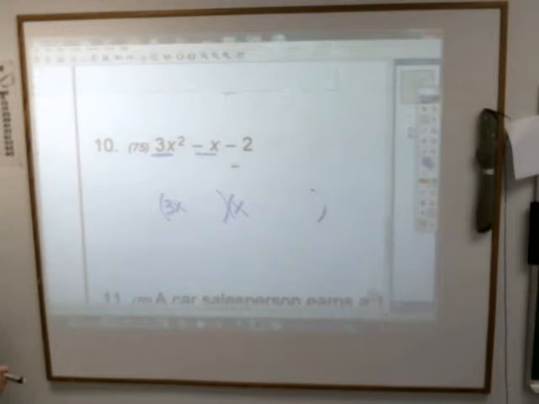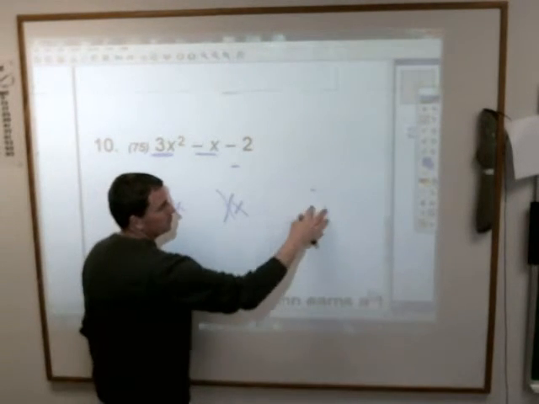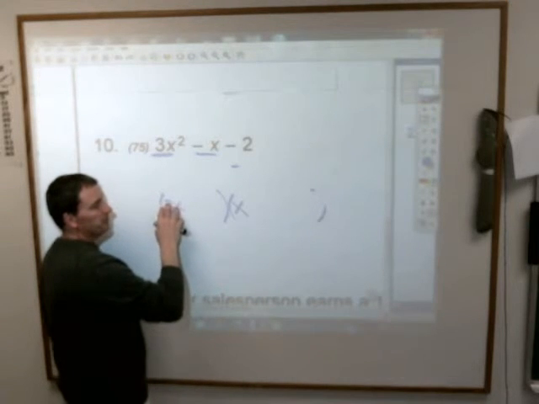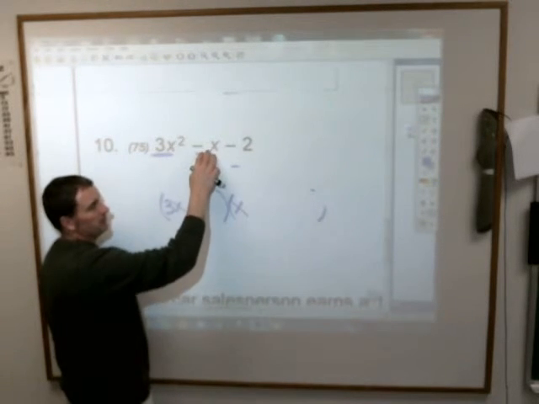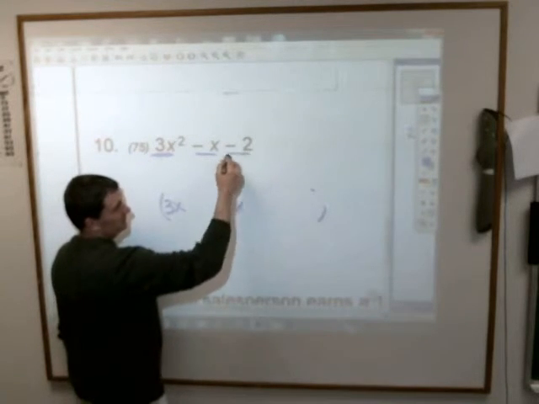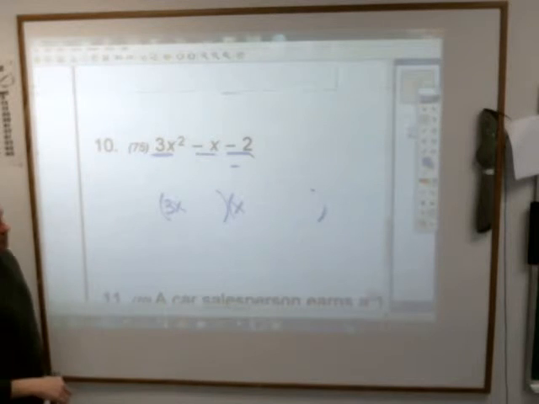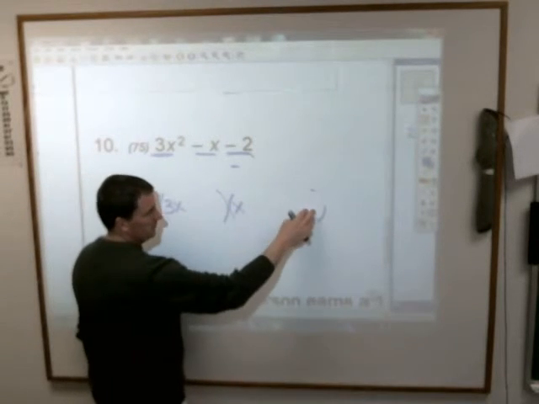That changes everything, because whatever number you put over here gets multiplied by this 3 when you're trying to figure out that middle term. The nice thing is there's only a couple different ways to split up. There's only one way to split up 2, so you know the 2 either has to go here or here.